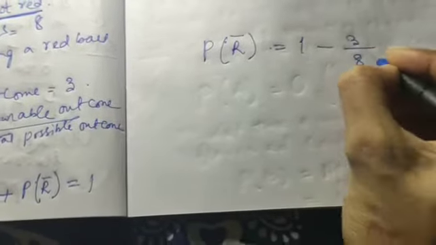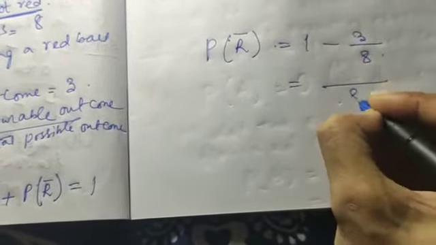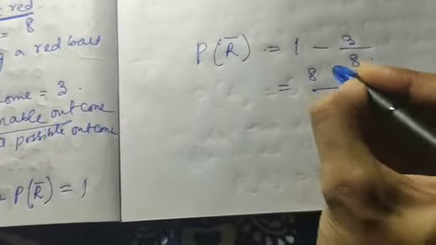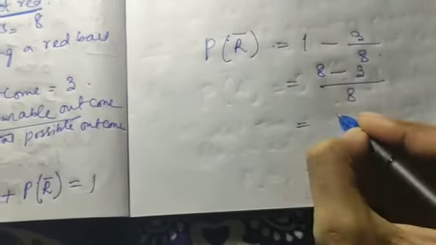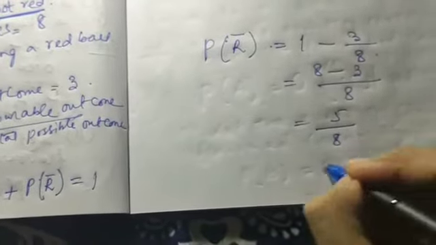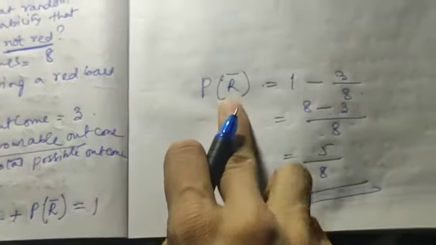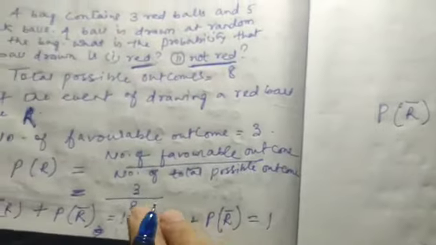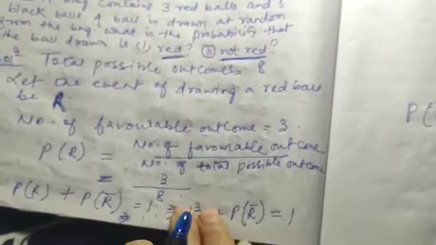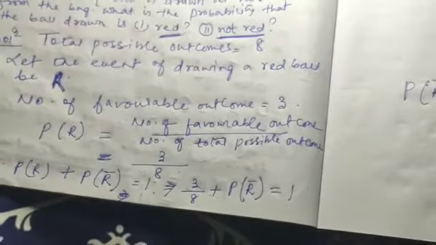So minus 3 by 8. So let us take the LCM. 8, 8 ones are 8, minus 8 ones are 1... 3 ones are 3. 8 minus 3 is equal to 5 by 8. This is the probability of not drawing a red ball. Got it? 5 by 8 is the answer for not drawing a red ball, and for drawing a red ball it is 3 by 8. I hope it is clear.